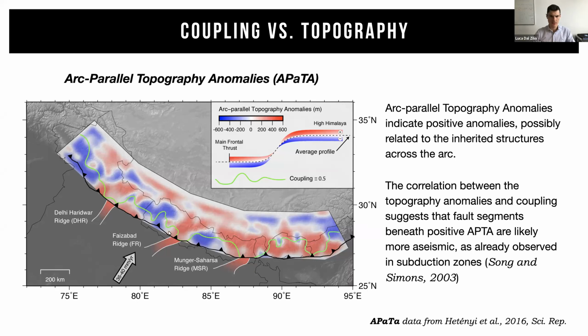You can see that we have regions where the coupling is significantly high, like in this region and in this one, where we have a negative topography anomaly, while in these other regions we instead have positive anomalies. Of course, there are some uncertainties in this distribution, but in general, this gives us some constraint on the correlation between coupling and topography expression.